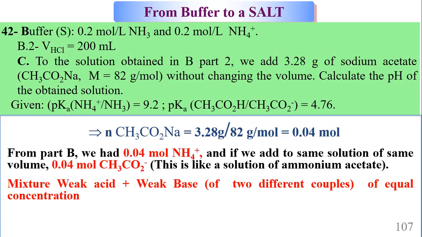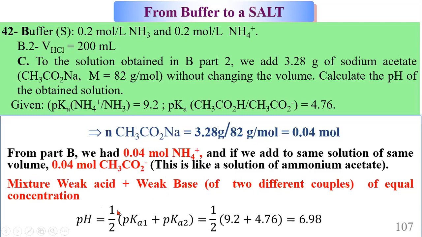And remember, when we have this type of mixture, or when we have a salt of the same concentration, we use pH equals half pKa1 plus pKa2. The pKa of ammonium is 9.2, the pKa of acetic acid is 4.76, and therefore the answer is 6.98.